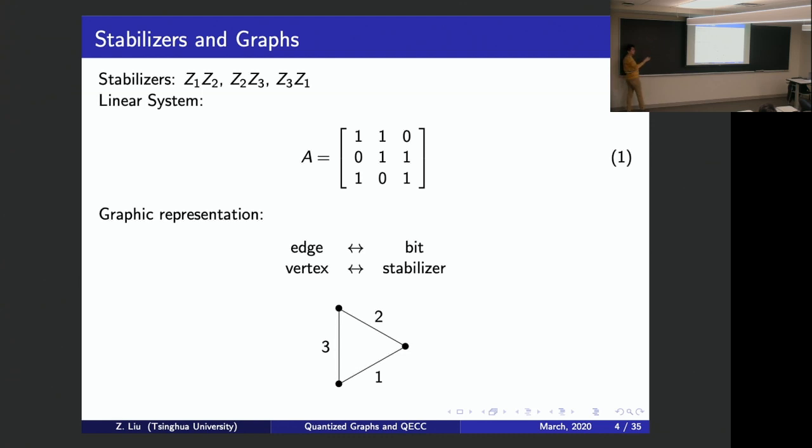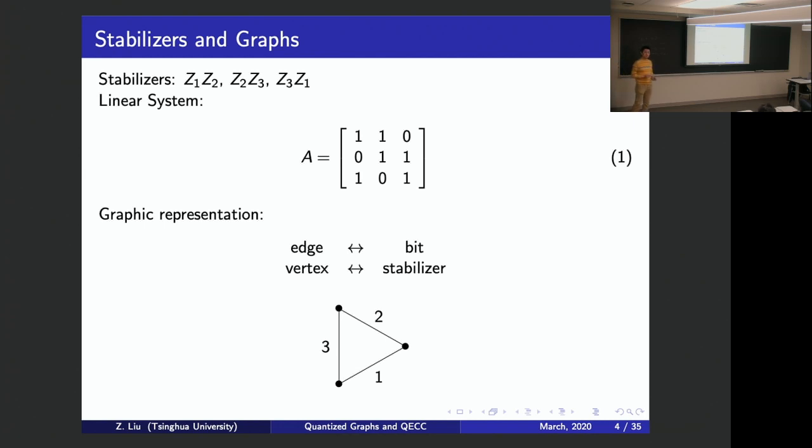And then 0, 0, 0 and 1, 1, 1 will be given by the solution of this linear system. And if you look at the coefficients, you get this matrix A. So usually we just represent the code using this matrix. So that's one way to do it. There's an algebraic way to do it.